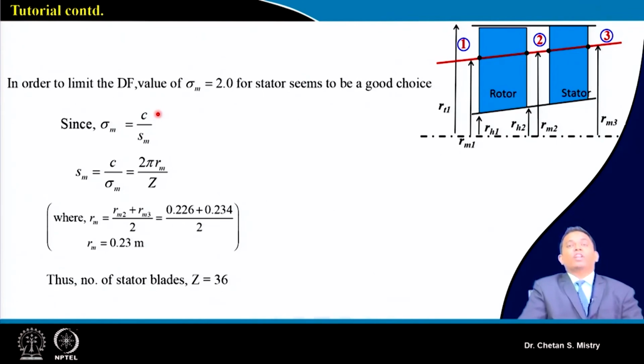Let's assume the solidity to be 2. You may have the question, sir, why 2? You can go with a lower number, you can go even with a higher number. Let's see. Based on solidity of 2, we can do our calculation for the number of blades, and this number of blades is coming to be 36.